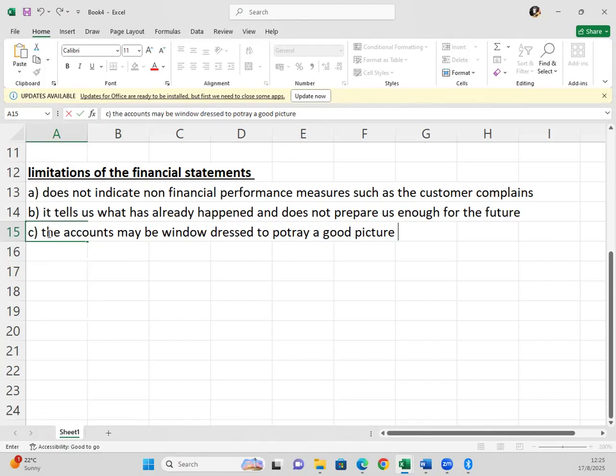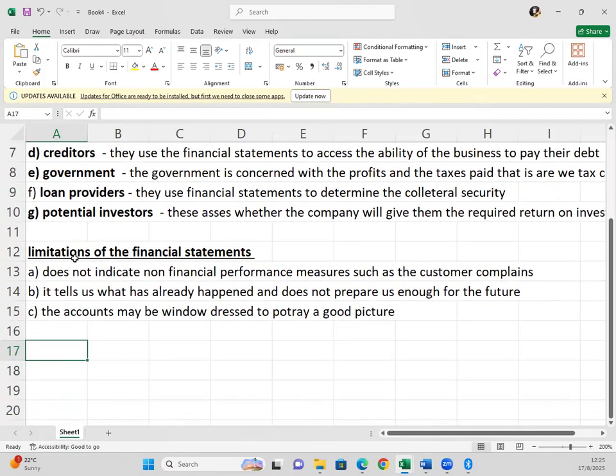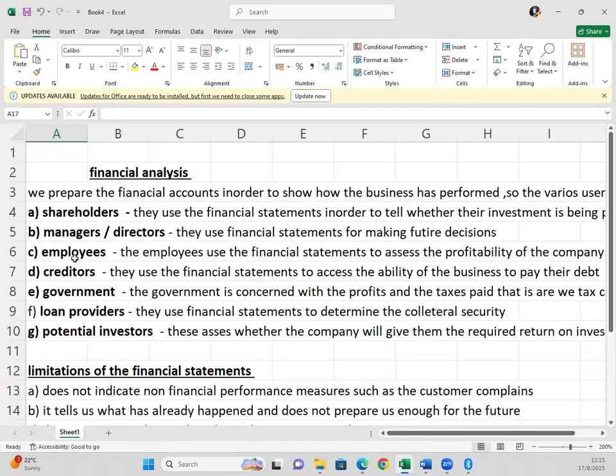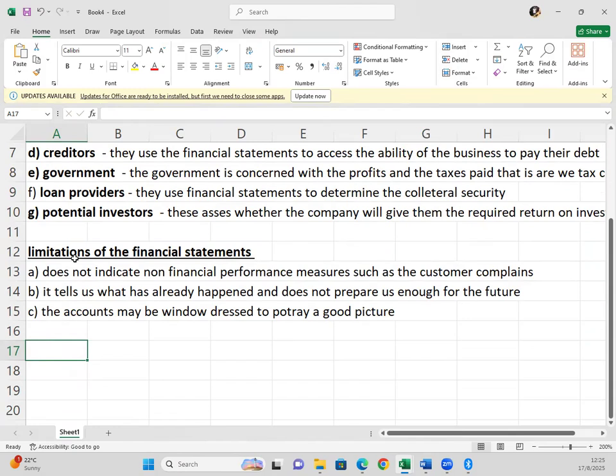Because the financial statements are prepared by management, they are subject to window dressing. So there's a danger if we rely entirely on the financial statements, especially if they are not audited. They may have a lot of errors and mistakes.